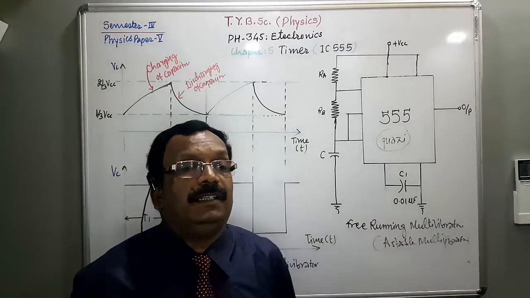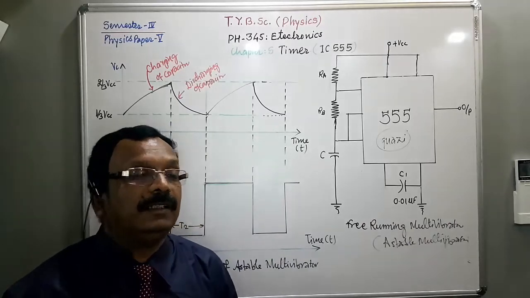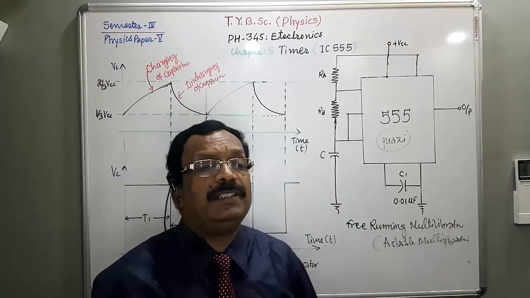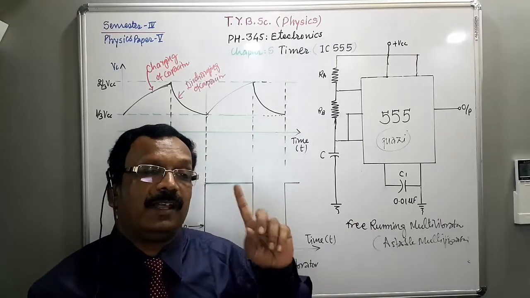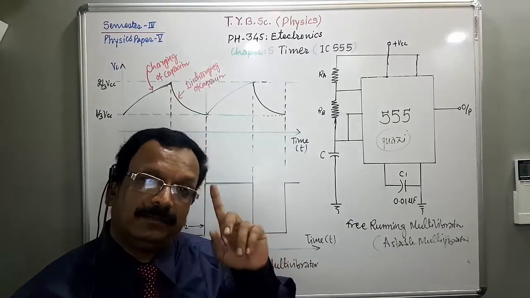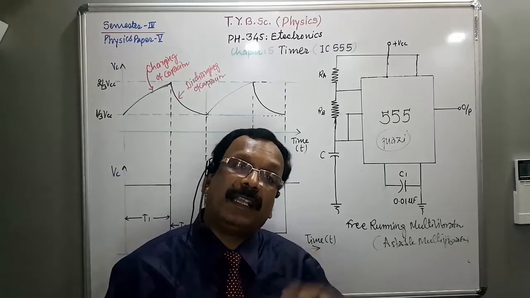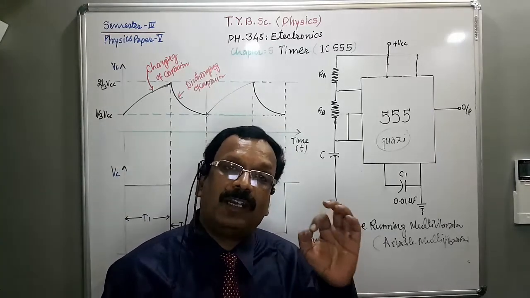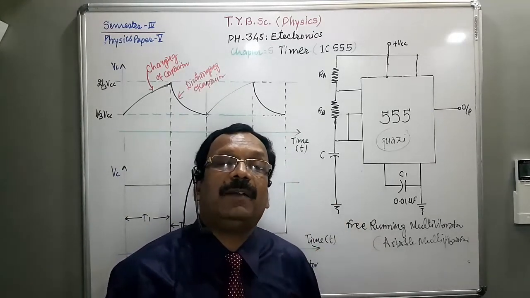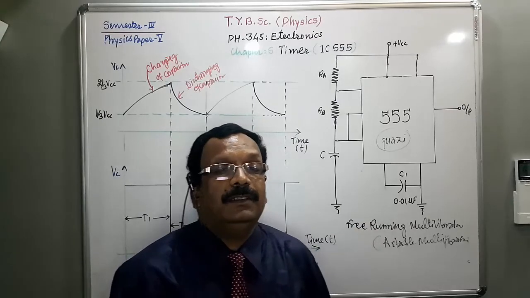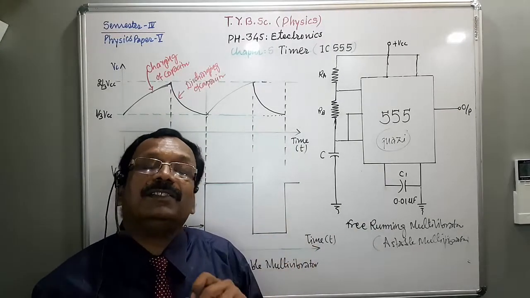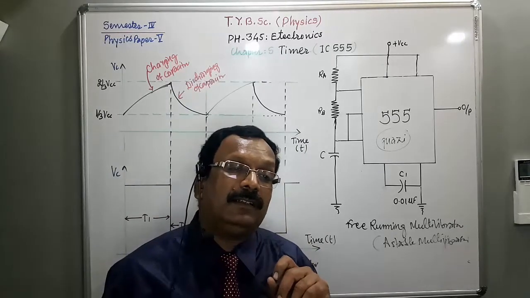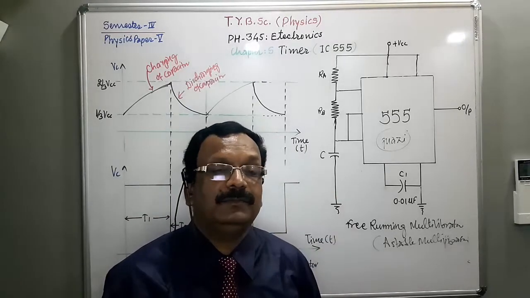Now in this circuit we are going to see the operation. In the operation of this multivibrator, the circuit does not require an external trigger. Remember, I am repeating again and again, this is the important feature of the astable multivibrator, that it does not require external triggering.